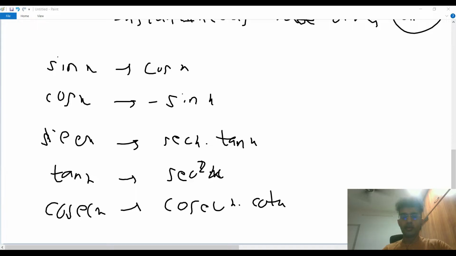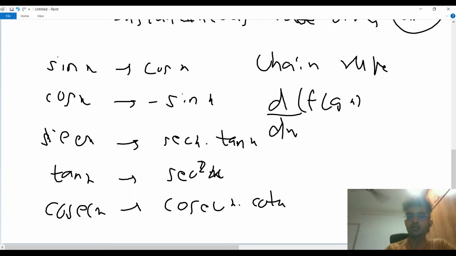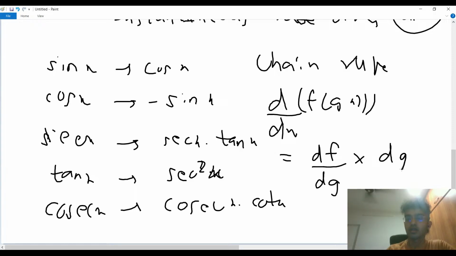So now let's solve some problems based on this knowledge. We also discussed the chain rule: dy by dx of f of g of x is df by dg multiplied by dg by dx.